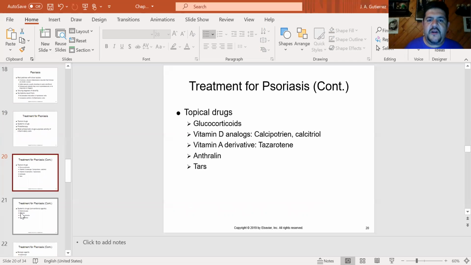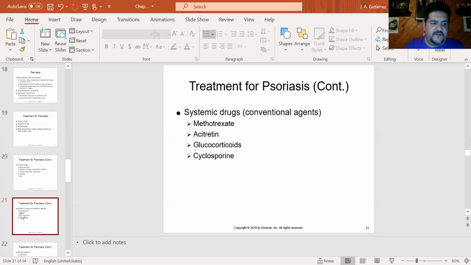Regarding topical drugs, because this is an inflammation process, we can use a glucocorticoid steroid. Also, we can use vitamin D analogs and vitamin A derivatives because they help the cells mature properly and not mutate into the silver scale cell that is characteristic of psoriasis.